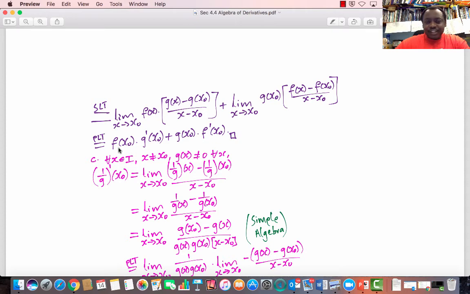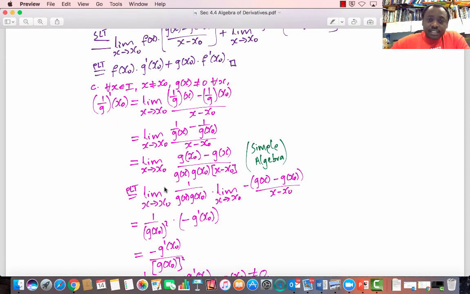So that is done. And C, which I did say was pretty much a lemma, gives us the derivative of 1 over g prime at x naught, provided that g of x is different from 0 for every x. So 1 over g prime at x naught equals the limit as x approaches x naught of 1 over g of x minus 1 over g of x naught, divided by x minus x naught.